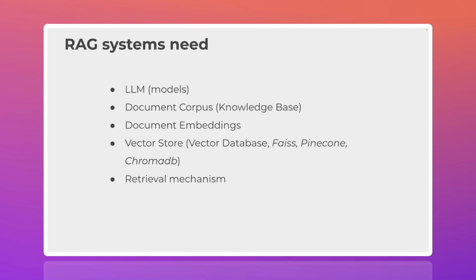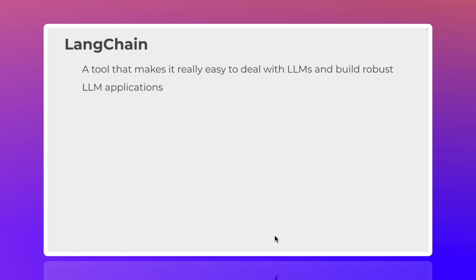That is then passed along downstream. When we want to build large language model applications, we can brute force everything and do it all on our own. But it's always nice to have tools that help us and abstract out the complexities of building large language model applications. And so that's when we use tools such as LangChain. It's a tool that makes it really easy to deal with large language models and build robust applications.